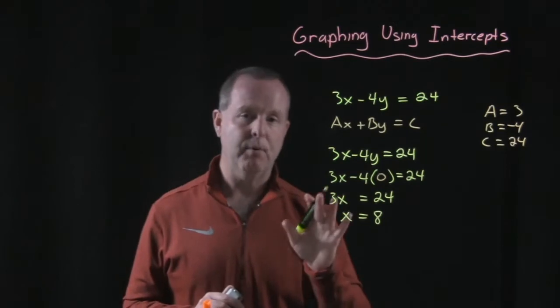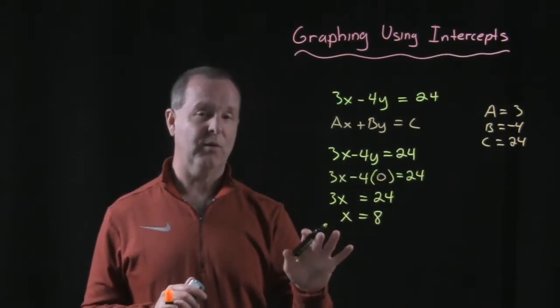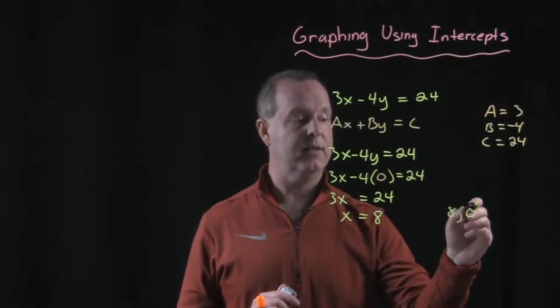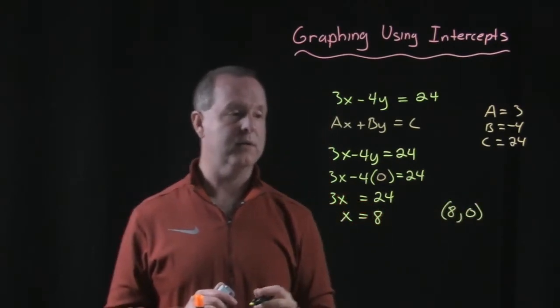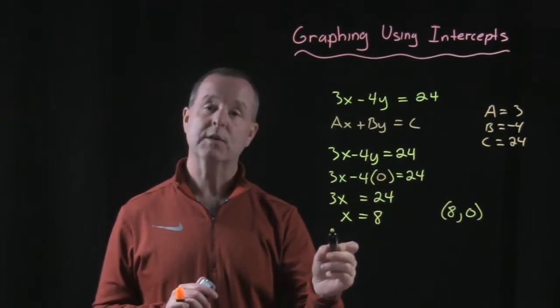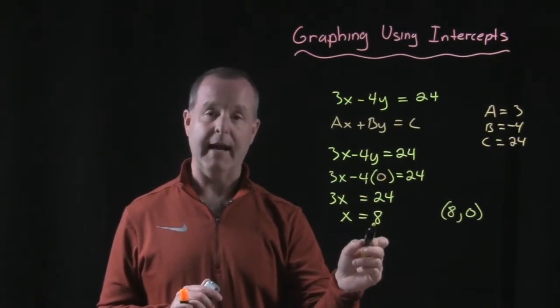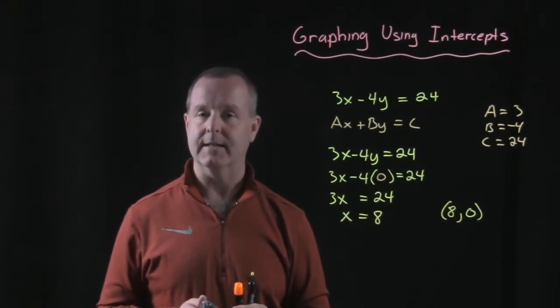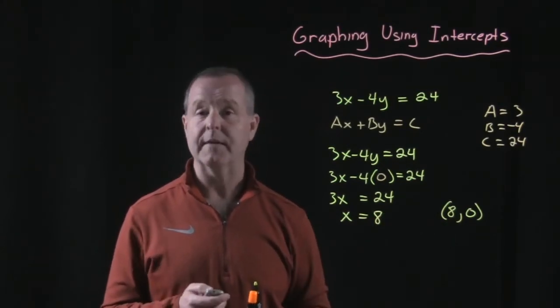So I know the point 8, 0 is on the line, 8 on the x-axis and 0 on the y-axis. Y was 0, and we discovered x is 8. So we have an x-intercept of 8, and the coordinate point is 8, 0.